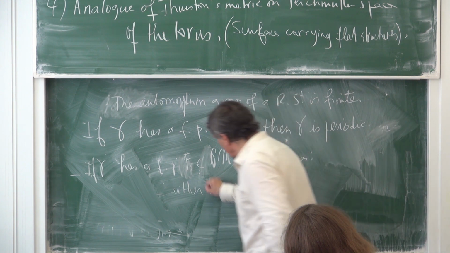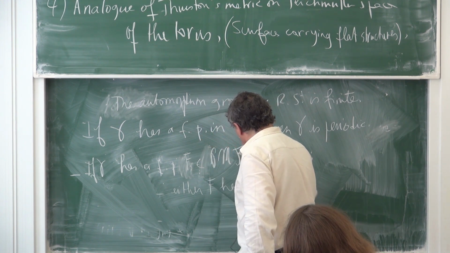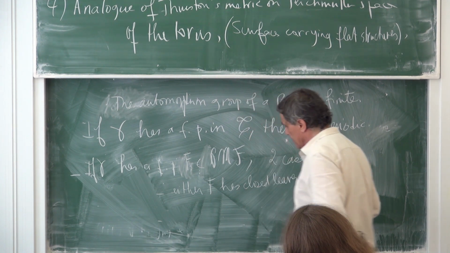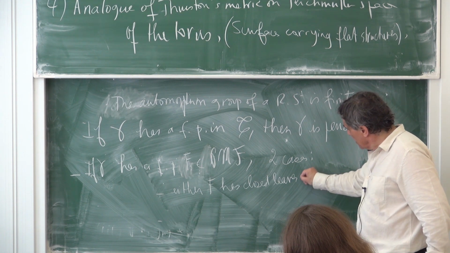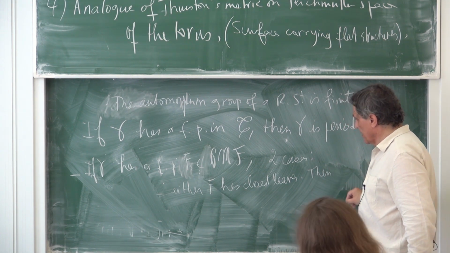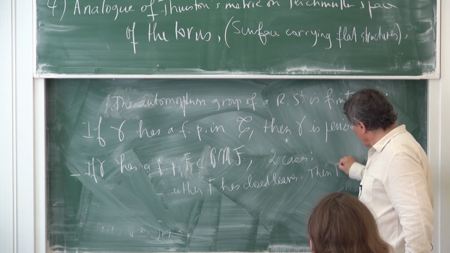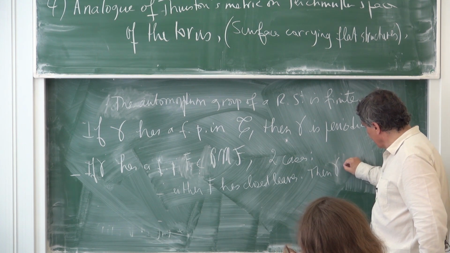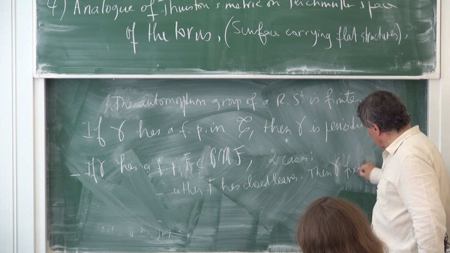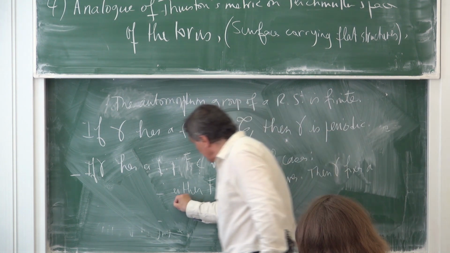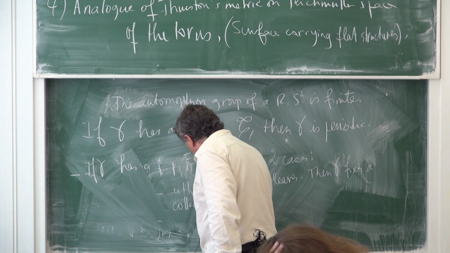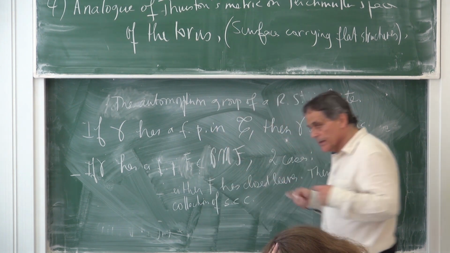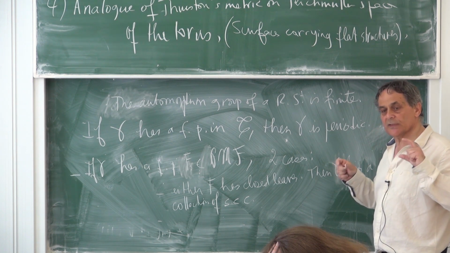either F has closed leaves, as you said, then gamma fixes a collection of disjoint simple closed curves which correspond to these closed leaves.